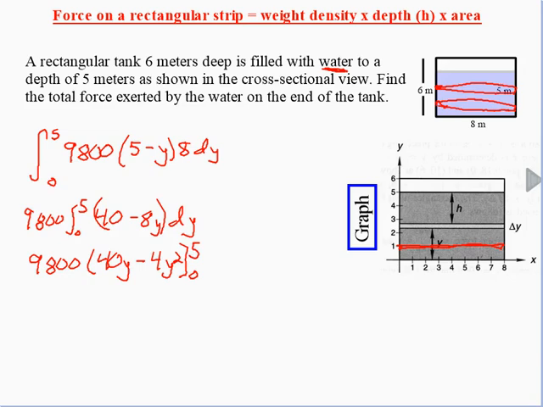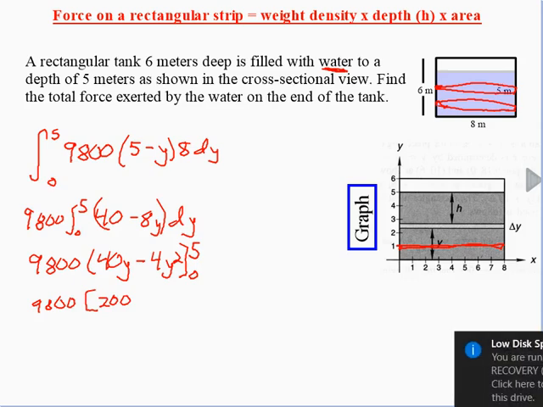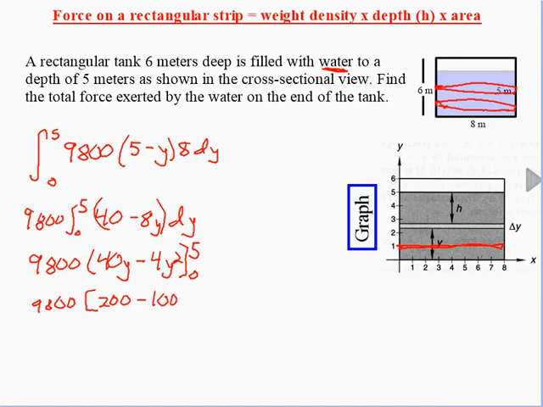And I messed up here. Oh no, I have that. So we put in our values, so we have 9800. Put in the 5, we get 200. Put in 5 here, that's 25. Times 4 is 100, so minus 100.